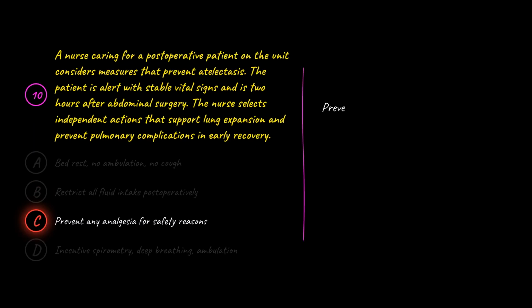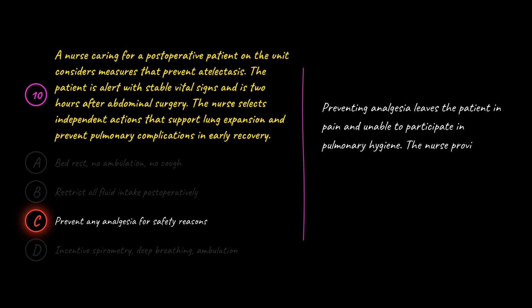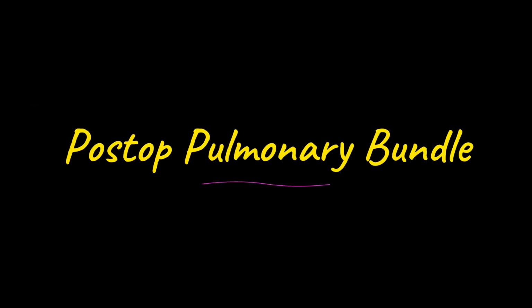C is wrong because preventing analgesia leaves the patient in pain and unable to participate in pulmonary hygiene. The nurse provides pain control so the patient can take deep breaths, cough, and ambulate without unnecessary suffering at all.